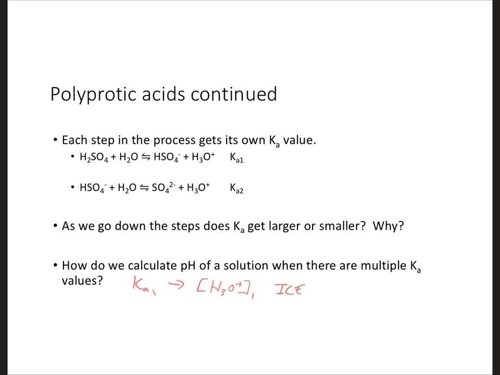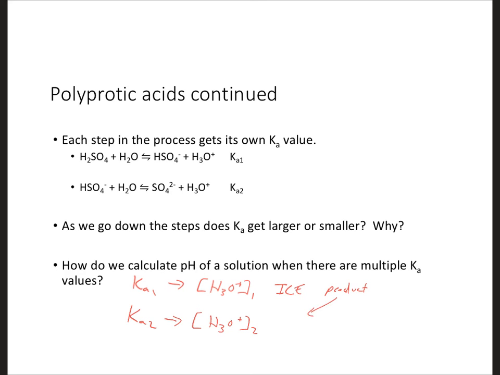But then we would need to consider what would happen with Ka2. Ka2 is also saying some even probably smaller amount of H3O plus is going to go into solution because of Ka2. So the ice table from Ka1 is going to give you a product that is missing an H. That product that's missing an H is actually going to come over here and be the reactant in your next ice table, right?